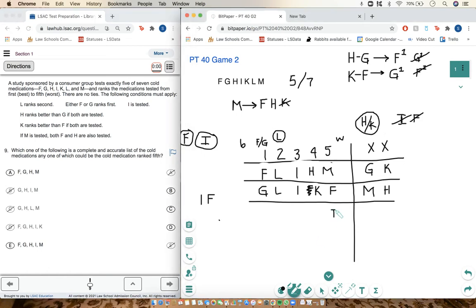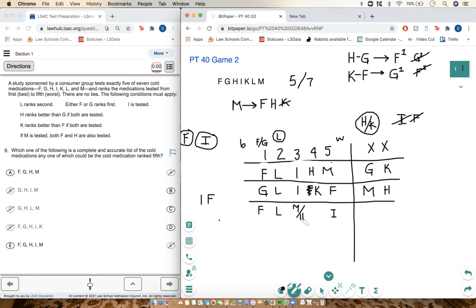Let's see. If I is going fifth, what's happening? Nothing much. Yeah, I would assume I can go fifth. Let's try it out. So if L has to go second, we can add that in there. We should be able to do M, H, F. Let's see. Yeah, if we put F here, and then M or H could go here.